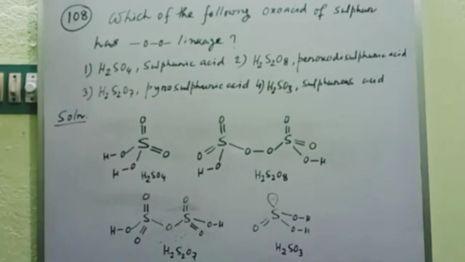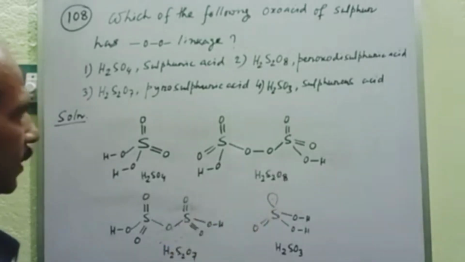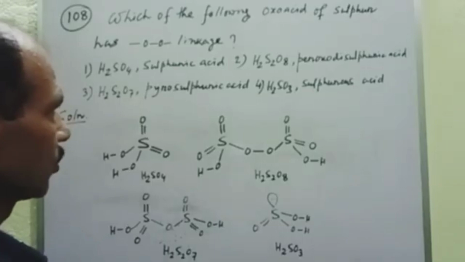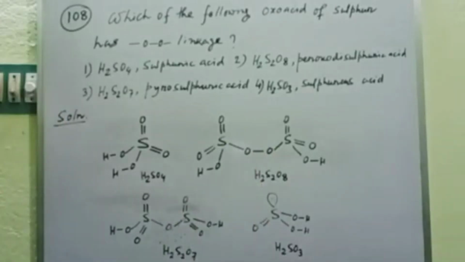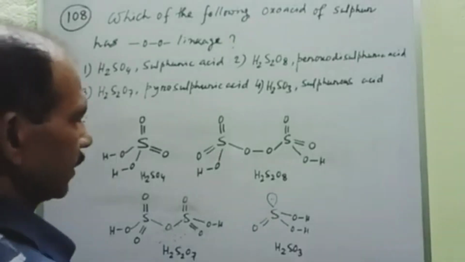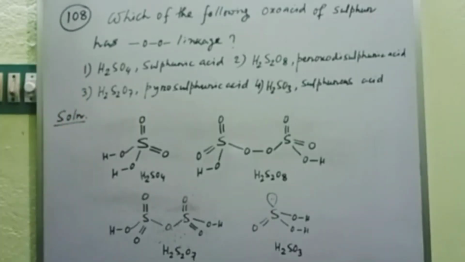This is H2S2O8. That means peroxodisulfuric acid. There is one peroxide bond. This is H2S2O7, pyrosulfuric acid. There is also no peroxide linkage. Again, in H2SO3, that means sulfurous acid, there is also no peroxide linkage.